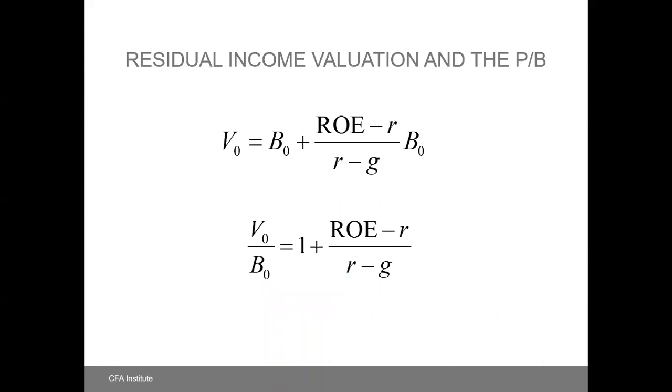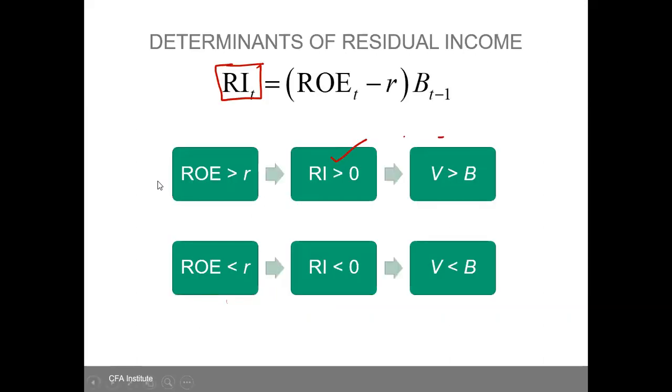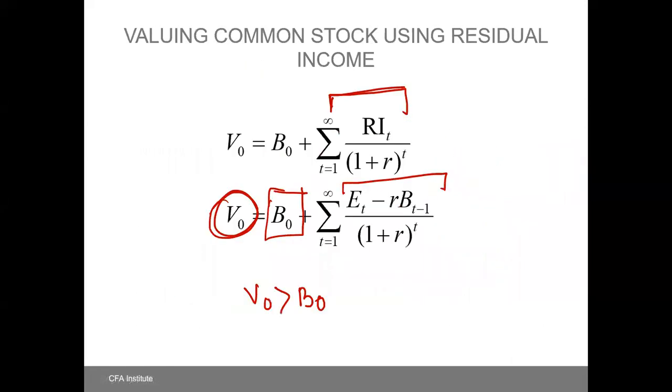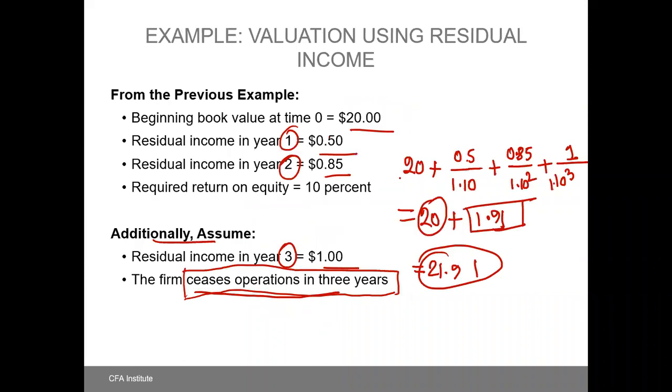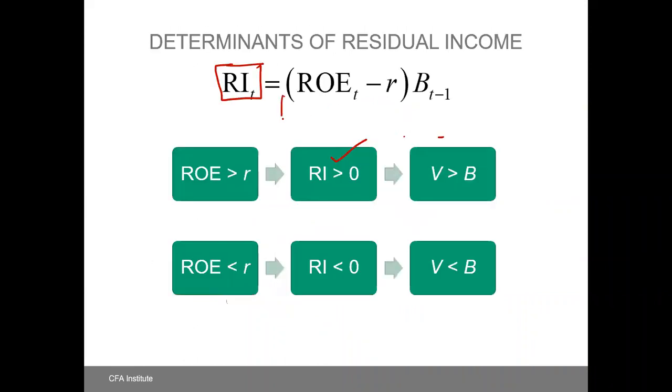This one is very simple. If you understand it, it starts with the book value of equity at the very beginning, right? This part is the residual income, and we have explained it here in this way.